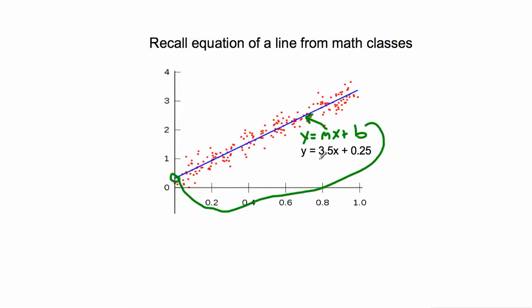And so in this equation, this line has a slope of 3.5 and a y-intercept of 0.25. In many data sets in science class, the y-intercept will be 0, but in general, there could be a y-intercept.